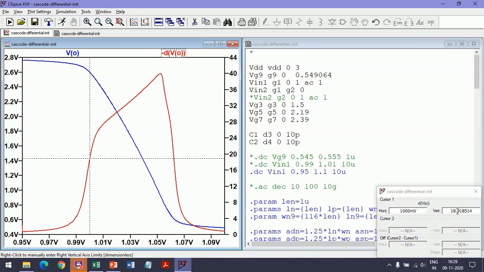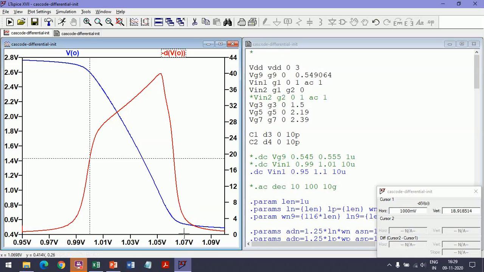But here is the thing. We want the common mode gain to be less than 17, not just at this point. We want the common mode gain at any common mode input to be less than 17. The AC gave us only this one point of information. The DC sweep gives us the common mode voltage gain over the entire range of possible common mode inputs.